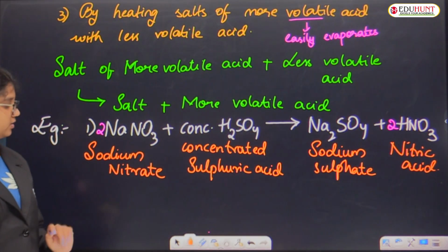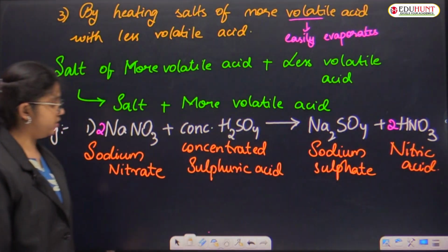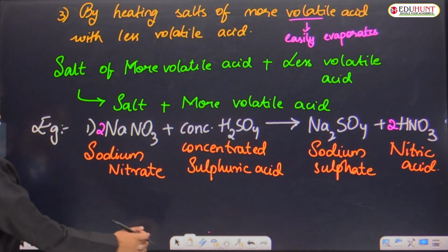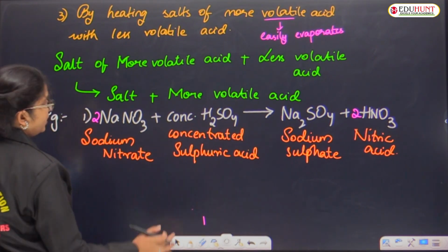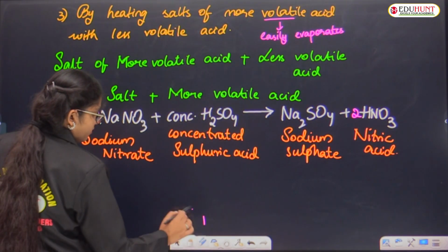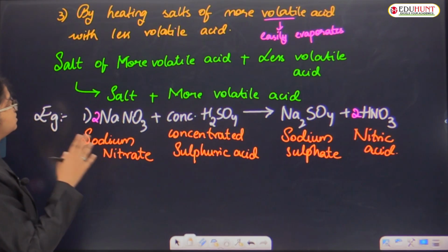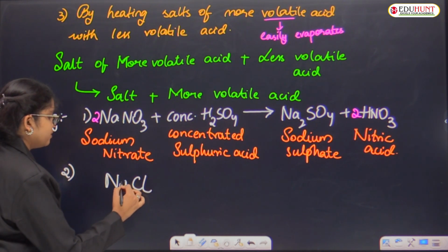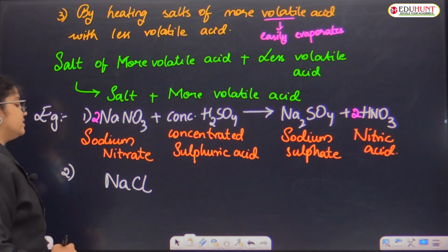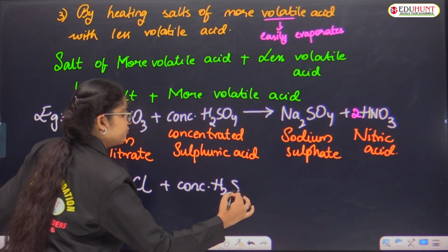Okay. Now, one more example. Shall I give one more example to you? Yes. Now, the example number 2. This time I'll take salt such as NaCl. Yeah, table salt, the famous one. Okay. NaCl plus same concentrated sulfuric acid.